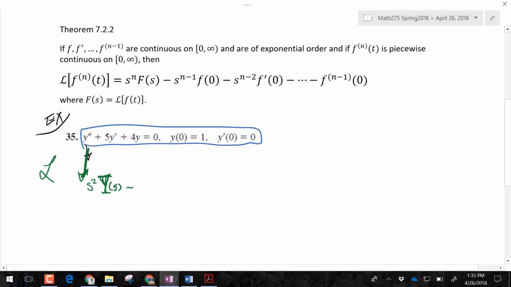Minus s to the first power times my y of 0 term, and then I have my s to the 0th power times y prime of 0.